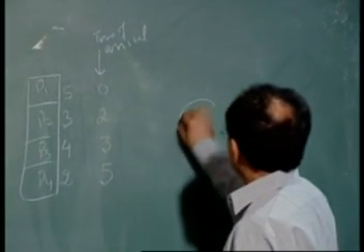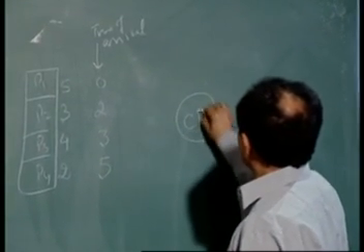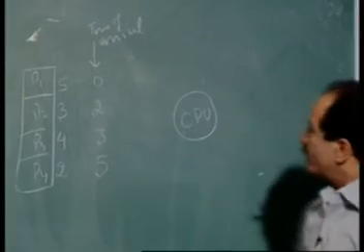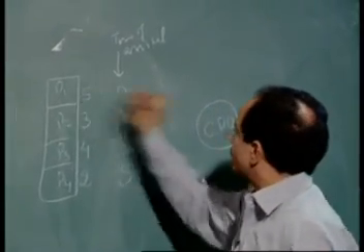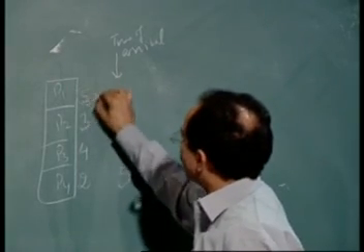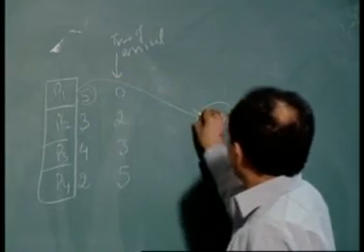Now, what will happen? Let us say this is my CPU. Initially, at the 0th time there is no other job, so this particular job of 5 units of time will get into the CPU.